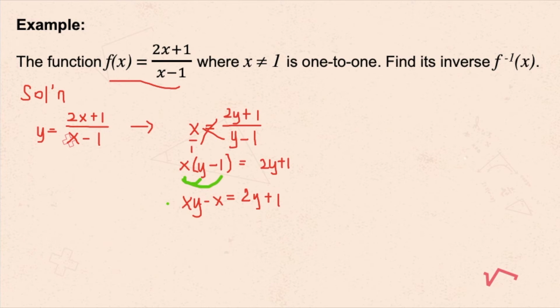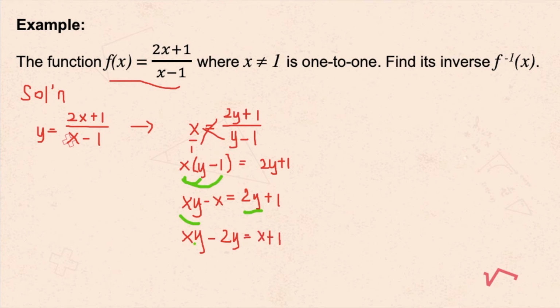Since we are solving this in terms of y, we have to isolate all terms with y. So you have to transpose 2y to the left side, then negative x to the right side. Having this, it will be xy minus 2y equals, from negative x, now positive x plus 1.